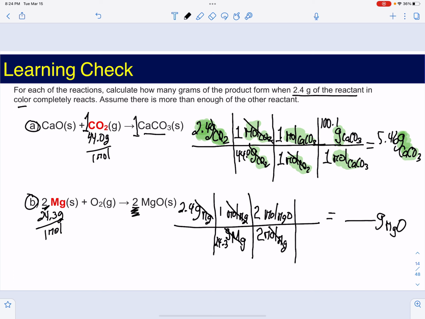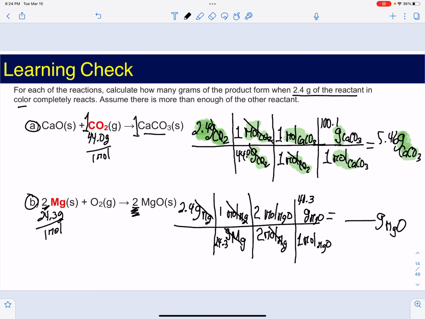But I do not want the moles of magnesium oxide either, because I want the grams of magnesium oxide. And 1 mole of magnesium oxide is going to be 40.3 grams.